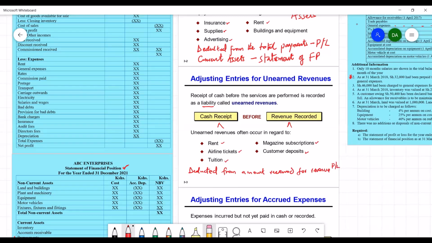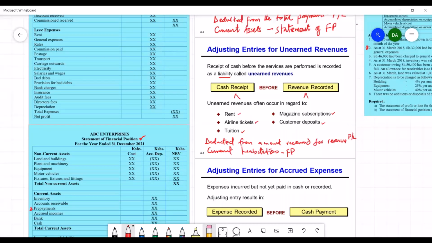Then in the statement of financial position, unearned revenue is reported as current liabilities.